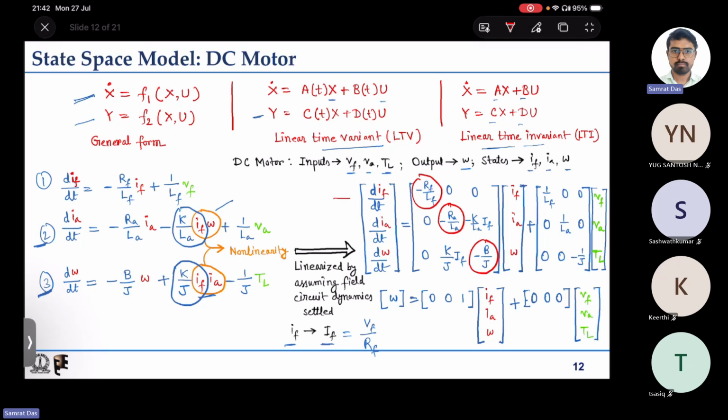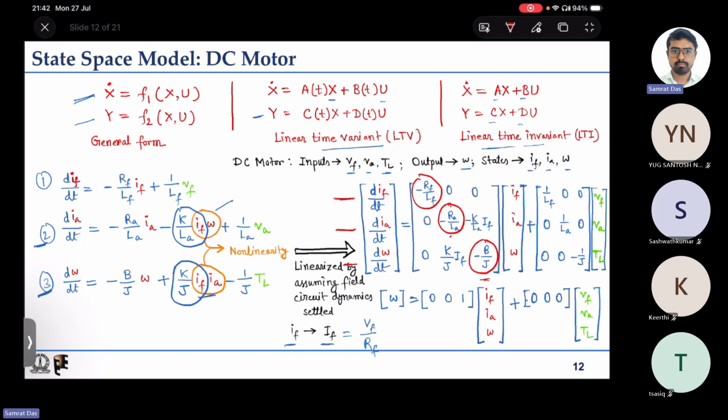The first row corresponds to the field circuit, the second row corresponds to the armature circuit, and the third row corresponds to the mechanical subsystem. So the first element is the reciprocal of the time constant of the field circuit, the second is the reciprocal of the armature circuit time constant, Ra by La, and the third one is the reciprocal of the mechanical subsystem time constant.